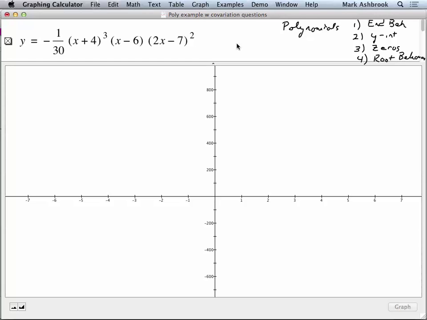Okay, let's see how we did. How about end behavior? How about Shola? Did you get the end behavior? So tell me the process, not just the answer. Leading term? What did you get for the leading term?